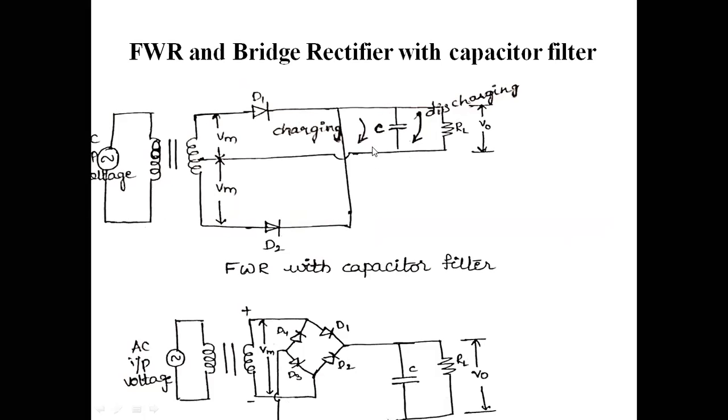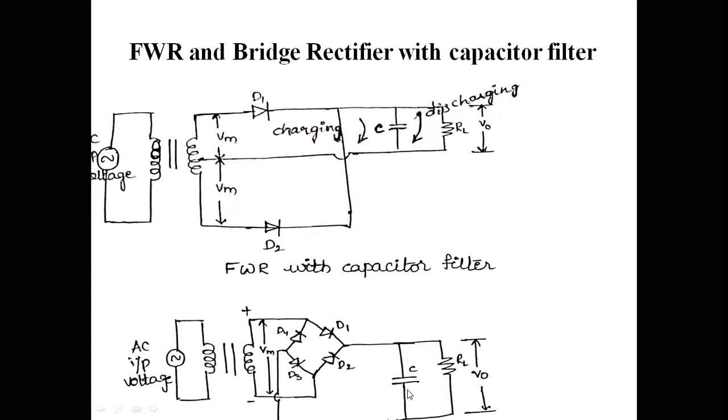Across the capacitor, charging and discharging will take place, depending upon the positive half cycle as well as the negative half cycle. In the similar fashion, for the bridge rectifier, there is a step down transformer and 4 diodes are placed. For one diagonal, this AC voltage is applied. From another diagonal, I am going to take the output voltage across the load resistance RL.